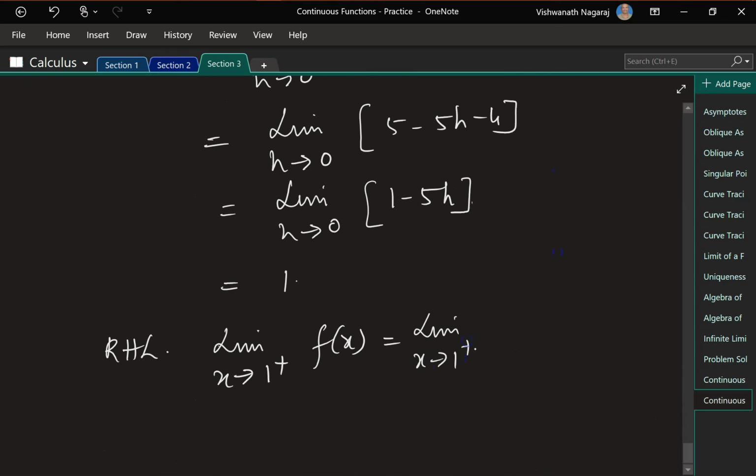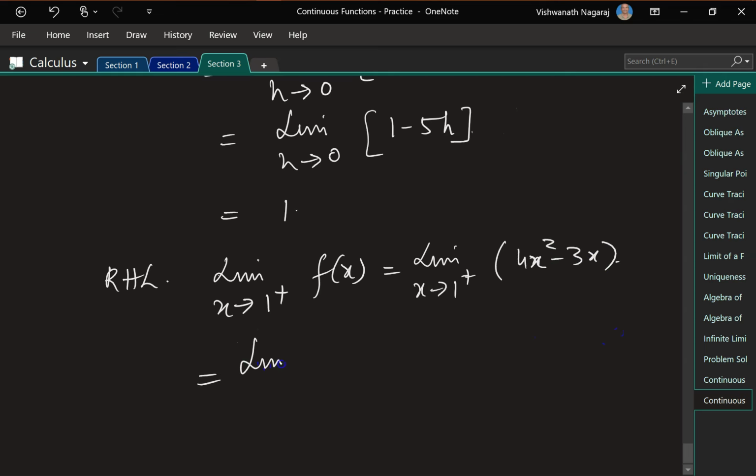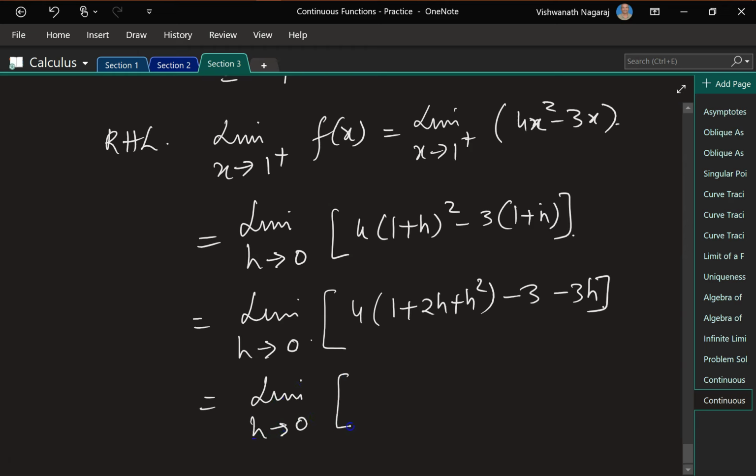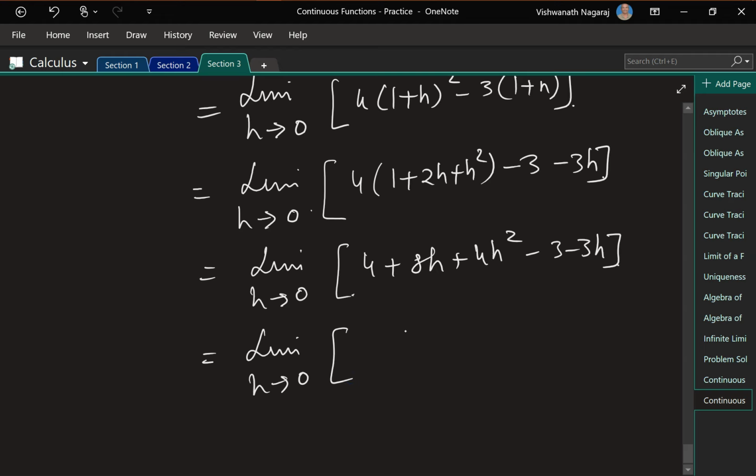Limit as x approaches 1 from the positive side of 4x square minus 3x can be written as limit as h approaches 0 of 4 times 1 plus h square minus 3 times 1 plus h, which is equal to limit as h approaches 0 of 4 times 1 plus 2h plus h square minus 3, which is equal to limit as h approaches 0 of 4 plus 8h plus 4h square minus 3h. 4 minus 3 is 1, so 1 plus 5h plus 4h square. And now when we take the limit, it is equal to 1.